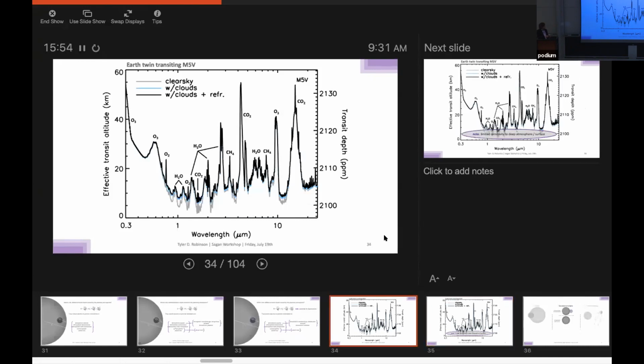If I go back, if you look at the black line, which includes clouds and refractivity from the atmosphere, we never get down to below about 7 or 8 kilometers from the surface, which is just due to the geometry of transit. You have very long path lengths through the atmosphere, and so even a thin cloud can interfere with your ability to probe to the surface.